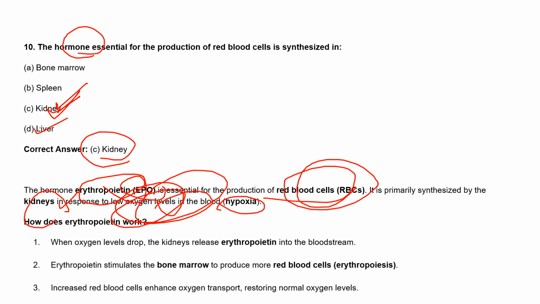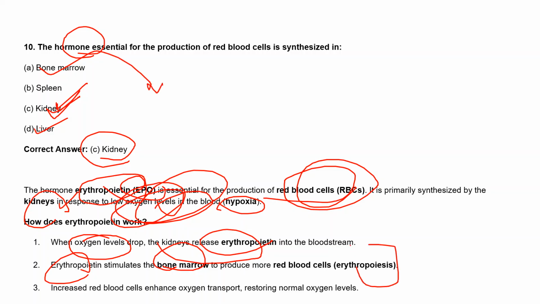So how does it work? When the oxygen level drops inside the body, the kidney releases this hormone into the bloodstream, and erythropoietin then stimulates the bone marrow to produce RBCs. We call this process erythropoiesis, the formation of RBCs.